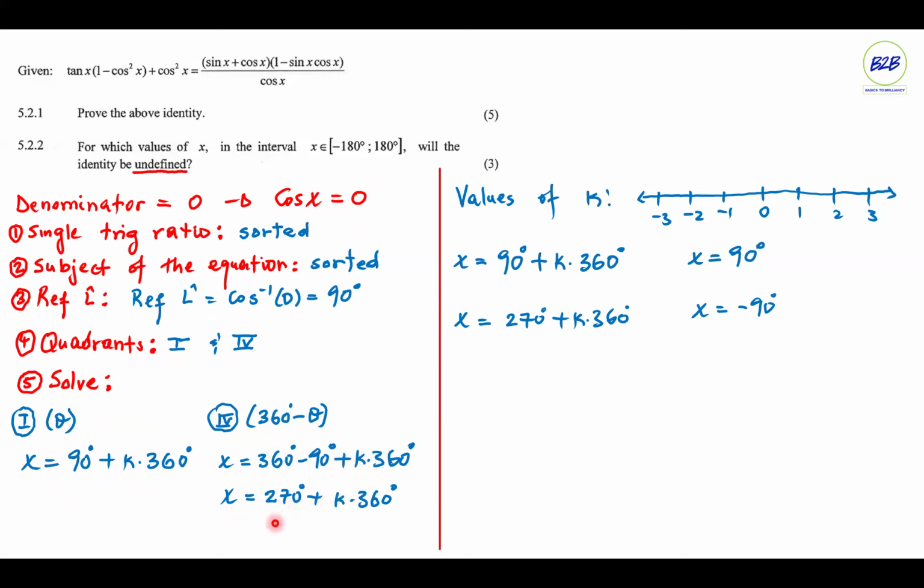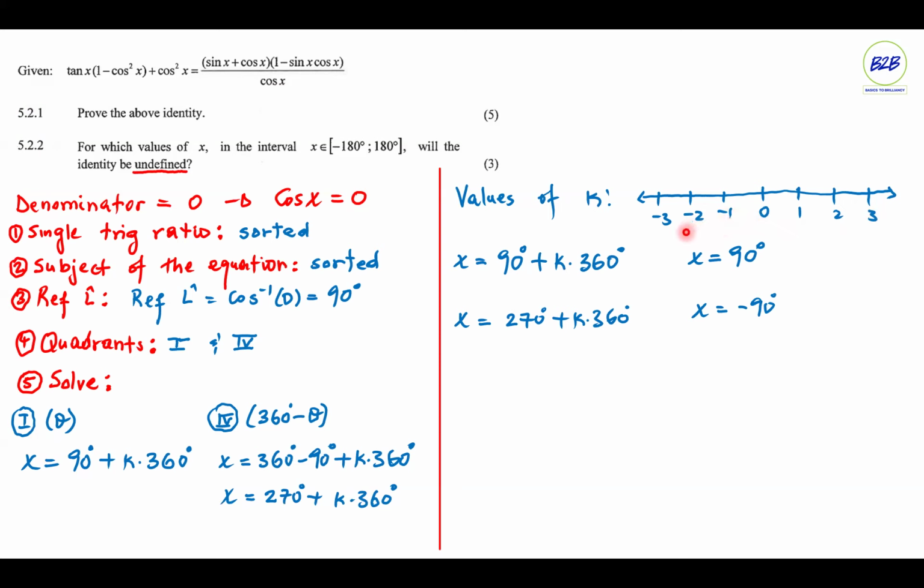And then you have x equal to 270 degrees plus k times 360 degrees. All right. So if we were determining the general solution, we would stop here. However, we want to calculate the actual values of x that belong within that interval. Then we must go to the values of k. Remember, k is an element of the integers. So integers are your 0, 1, 2, 3, 4, 5, and so on.